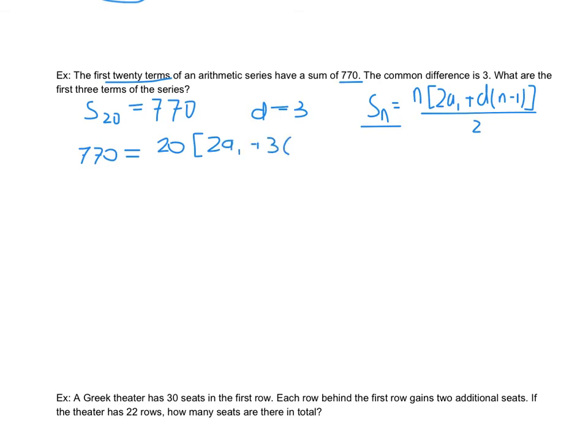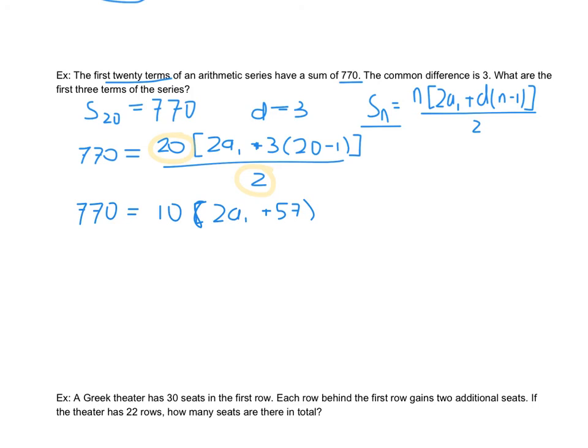I know the common difference, and then I can write 20 minus 1 all over 2. And now I want to clean this up. So you can do this in different ways. I'm just going to simplify this 20 over 2 to get 10. And then I'm also going to simplify 3 times 20 minus 1 to get 57.